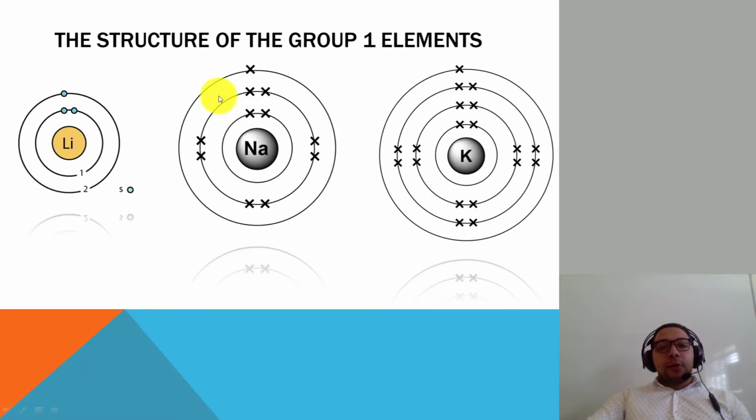Sodium has 3 energy levels. Potassium has 4 energy levels. But you're going to notice that all of them end up with 1 electron in the last energy level.